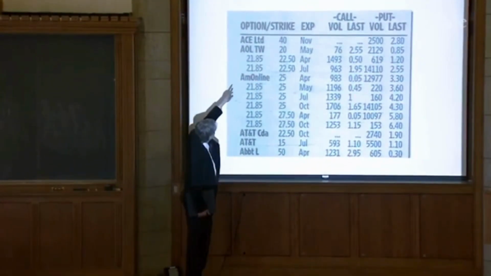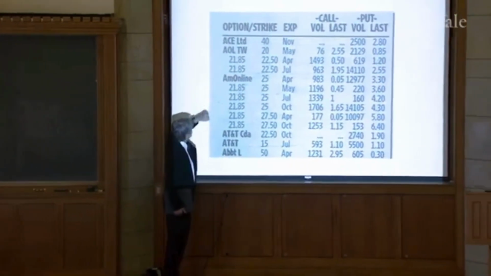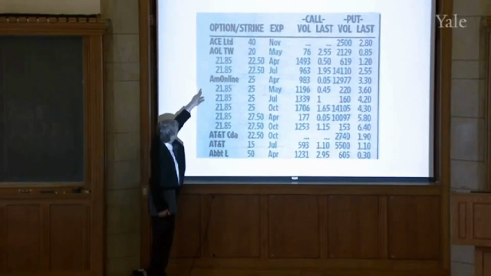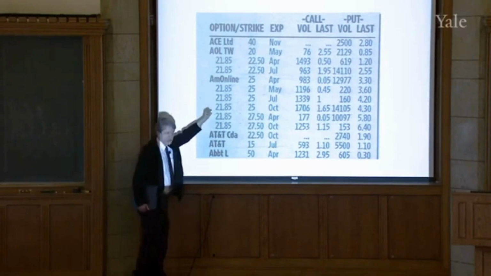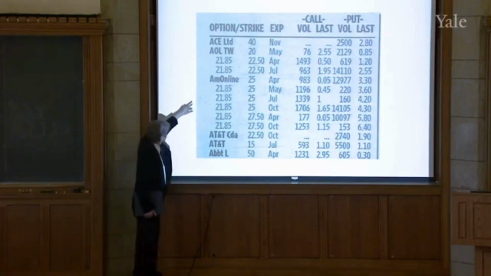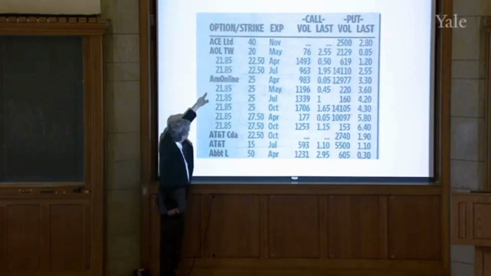And so we actually have two different rows corresponding. Up there, forget ACE Limited. The second row says AOL.TW. That's America Online Time Warner, the merged company. And then below that they have America Online itself.